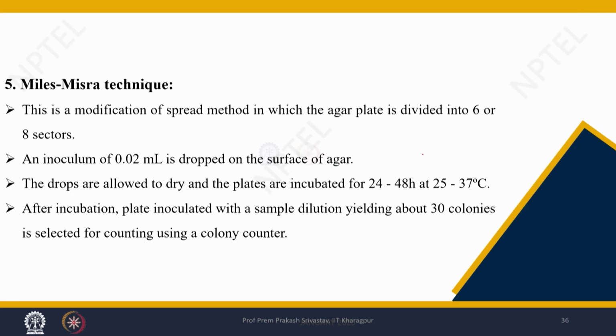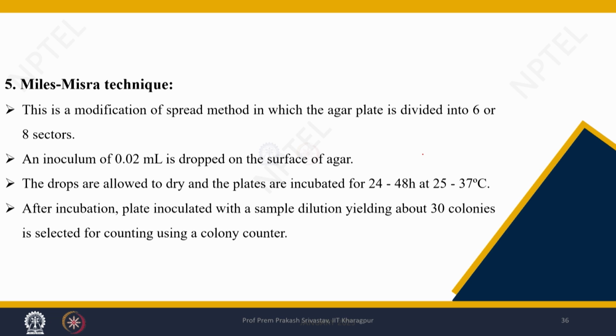Now, the Miles and Misra technique. This is a modification of the spread plate method in which the agar plate is divided into 6 or 8 sectors. An inoculum of 0.02 ml is dropped on the surface of agar.